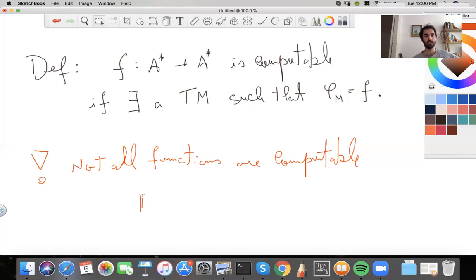Because consider the set of all functions f from A to A. This set is uncountable.